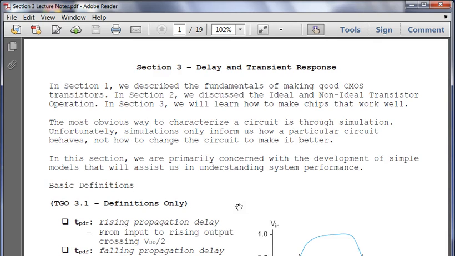And then from there, we can actually go backwards through the circuit once we determine that delay and determine the appropriate sizings of the circuit. We'll go through a couple of examples of that later.